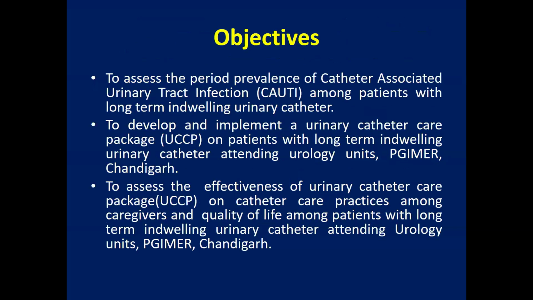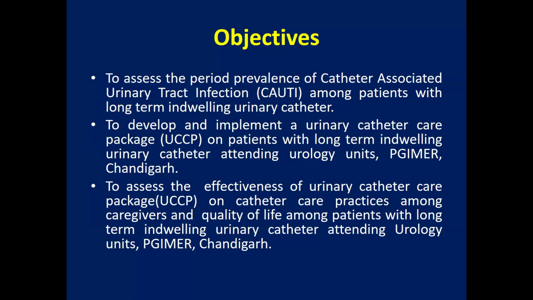These are the objectives. Objective number 1 is to assess the period prevalence of catheter associated urinary tract infection, that is CAUTI, among patients with long-term indwelling urinary catheter. Number 2, to develop and implement a urinary catheter care package for patients with long-term indwelling urinary catheter attending urology units, PGIMER Chandigarh.